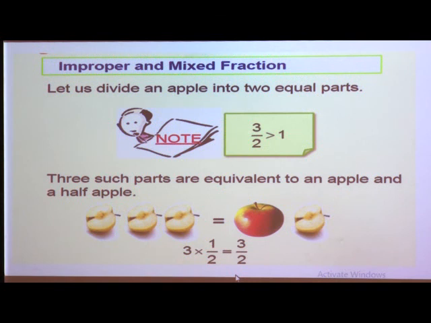This is nothing but improper fraction where the denominator is small and the numerator is greater. Yes, in this type of example we have small denominator and the numerator is greater. These type of examples are known as improper fraction.